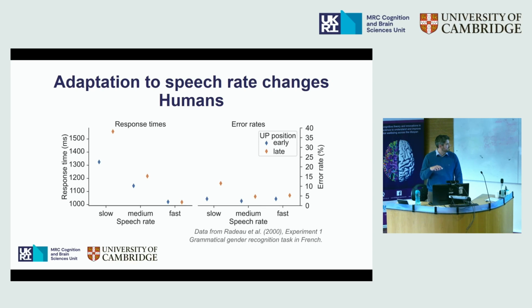And this is data from a seminal paper. You can see that for early versus late uniqueness points, there is a response time benefit, and this disappears as the speech rate goes up. So there's a bigger difference for slow speech than for fast speech. In humans, actually, there's no difference between them for fast speech.